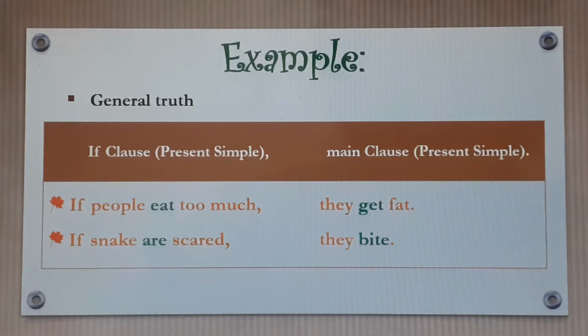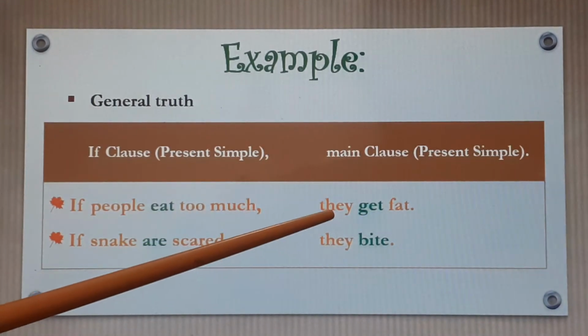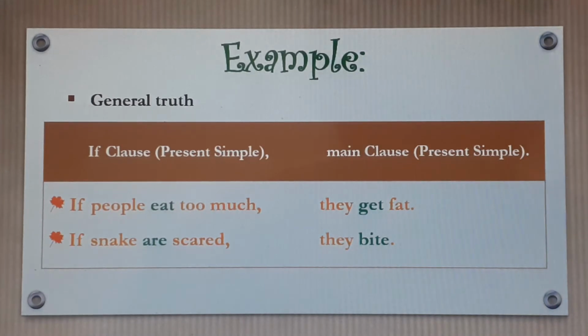Do you see verb with s here? No, right? Because all the subjects are plural. People is plural and they is plural too, because this they is the pronoun of people here. So we don't use s.